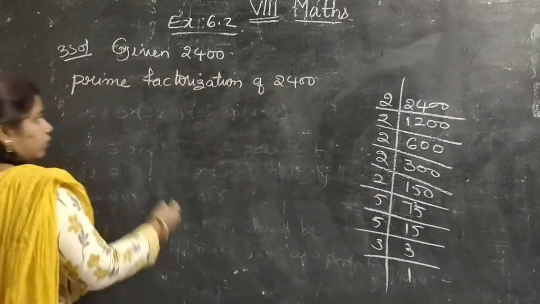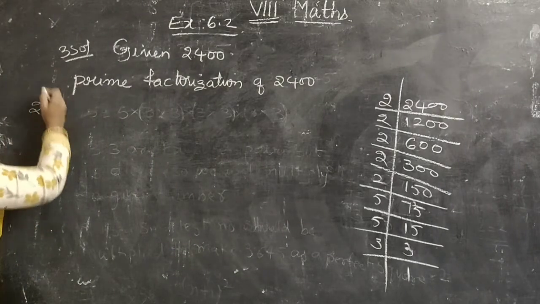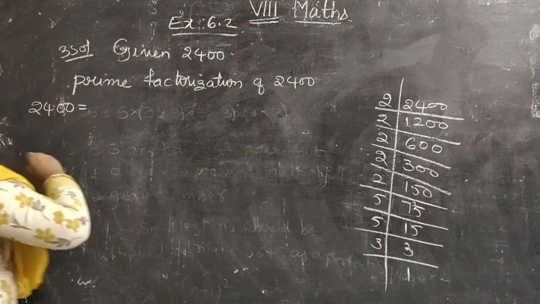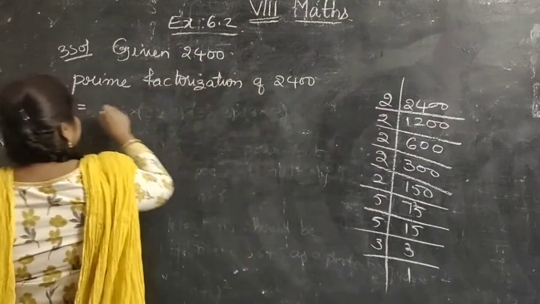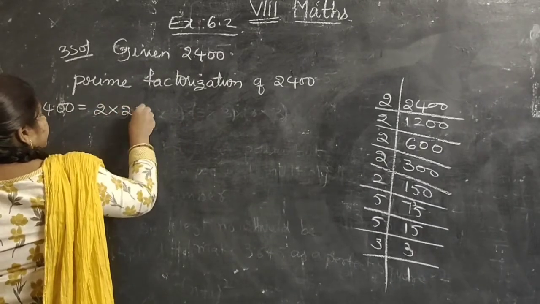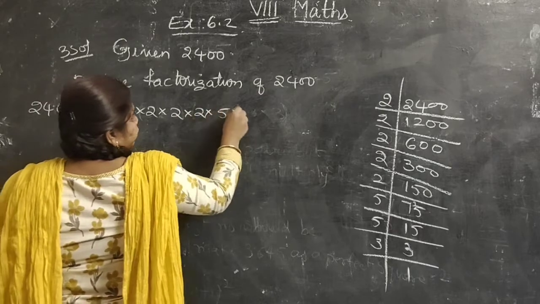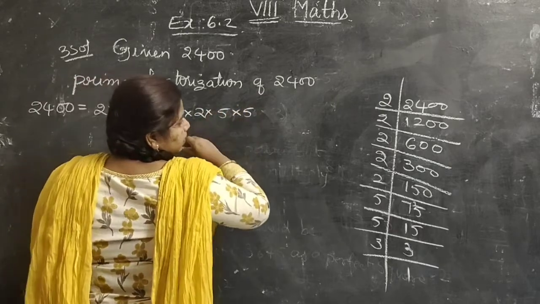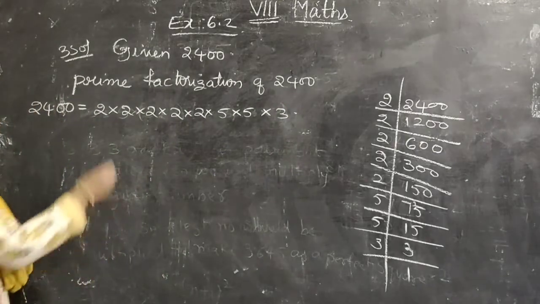So which prime factorization did you get now? 2400 is equal to, how can you write this? How many 2s are there? 1, 2, 3, 4, 5 are there. Five 2s into 3. First make these into pairs now.